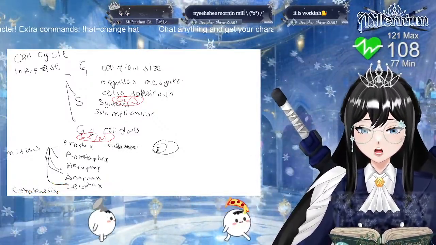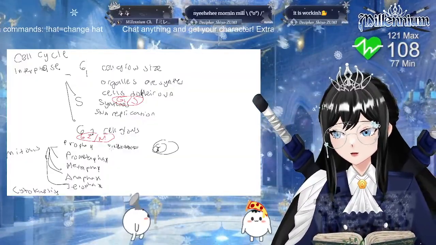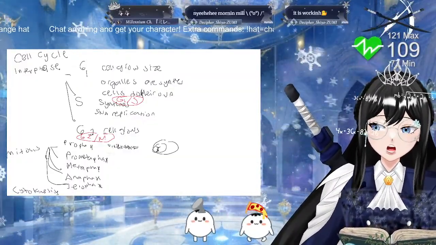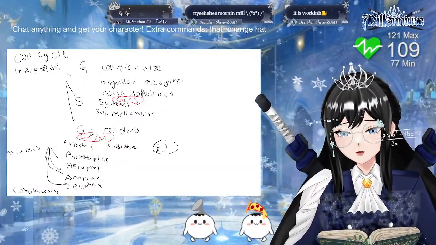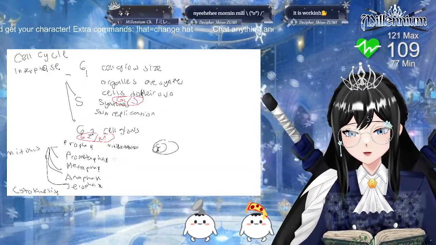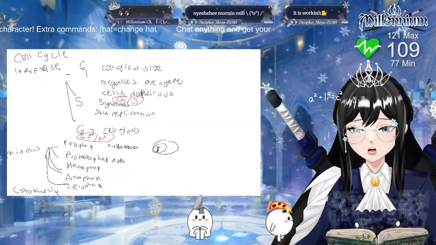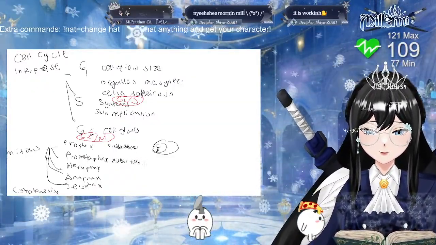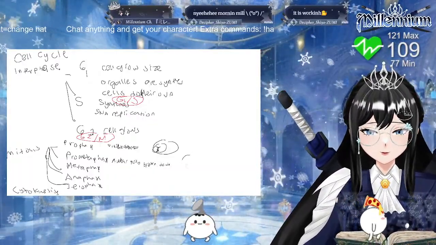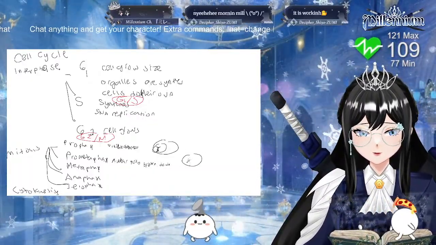And then the nuclear envelope, aka where your DNA lives, aka the nucleus, would slowly break down, but in the prometaphase, the nuclear envelope has fully broken down. So it's going to be gone.